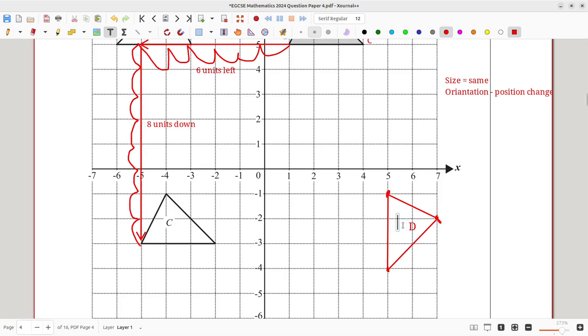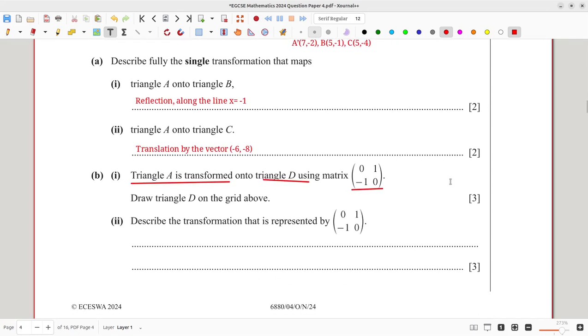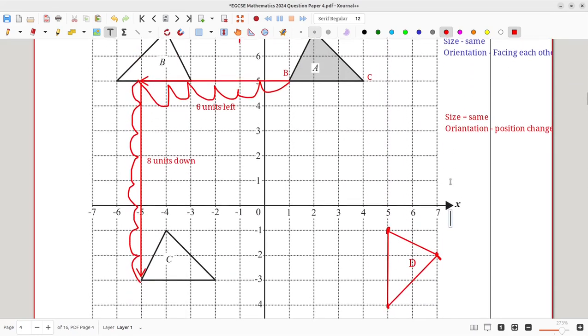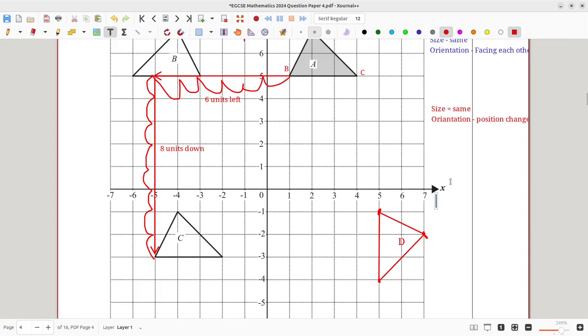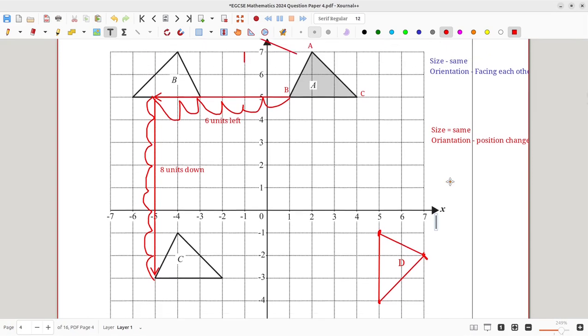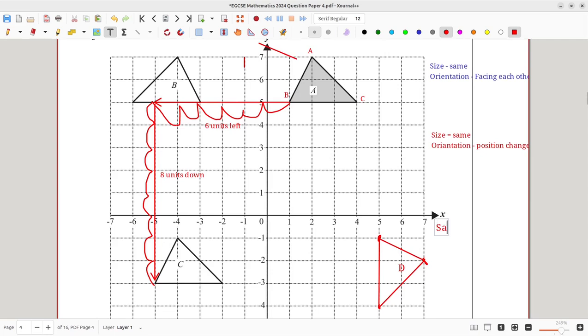And then you are required to describe this transformation A to D. Let's check the two things that we always check: size and orientation. The size is the same, and the shape has been flipped around or simply rotated.